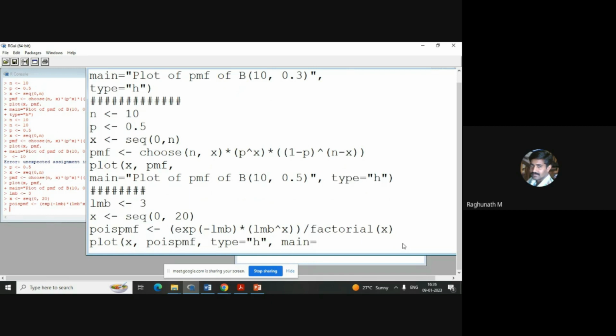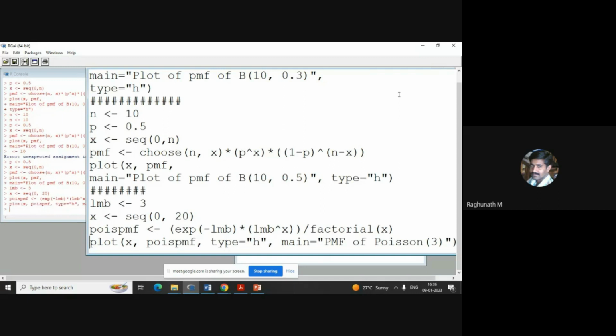Main is equal to PMF of Poisson distribution with parameter value you can give. Okay. So this is about Poisson distribution. So we are giving this and this one. Let me run this one.